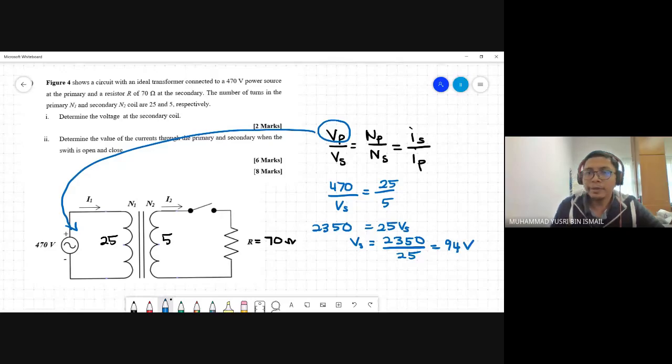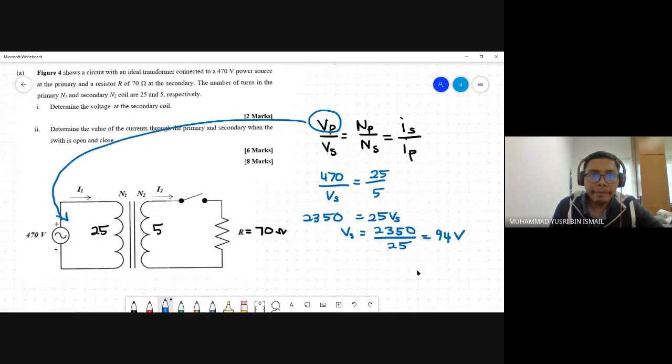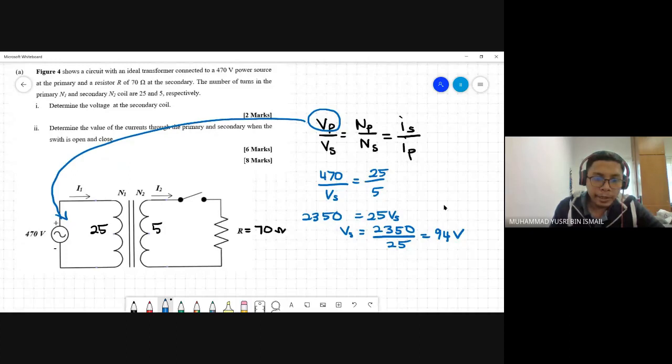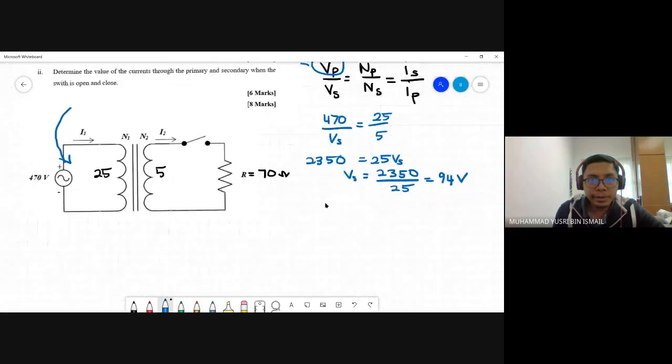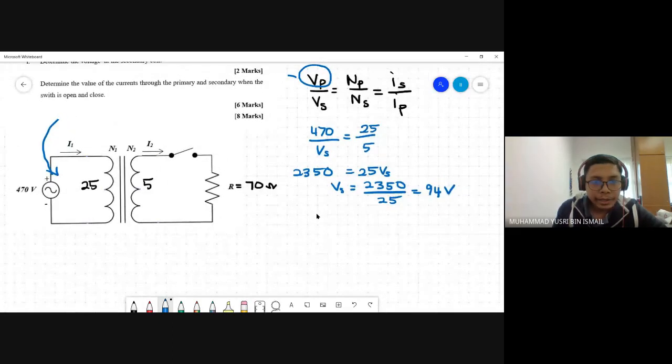94 volt. From the question, you also need to determine the value of the current through the primary and secondary when the switch is open and closed. There will be two cases, open and closed.